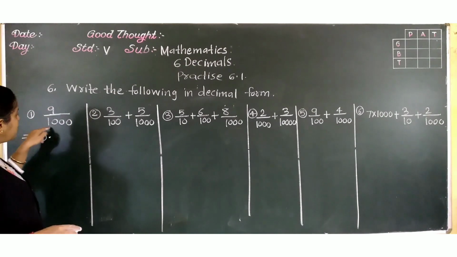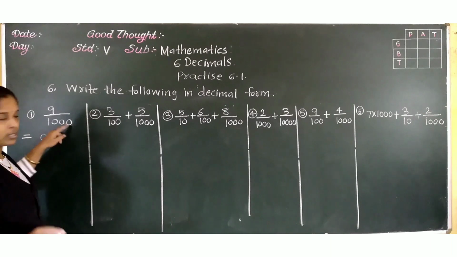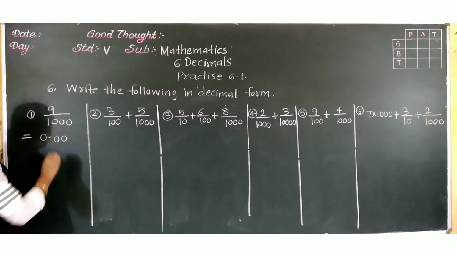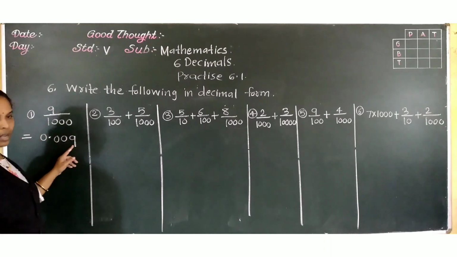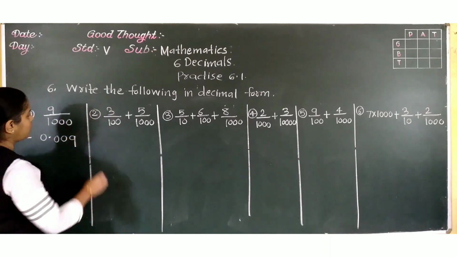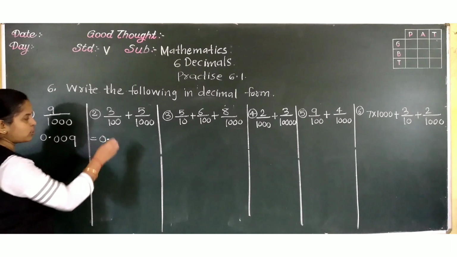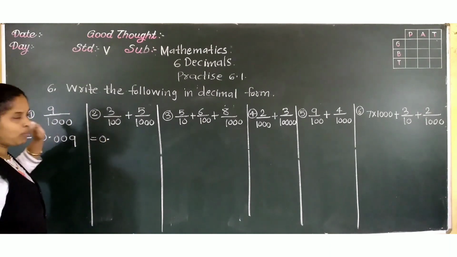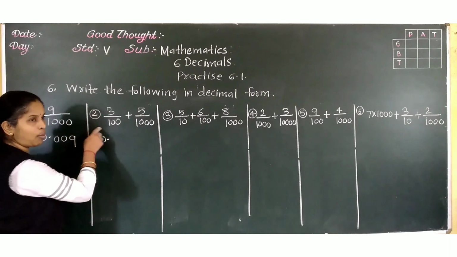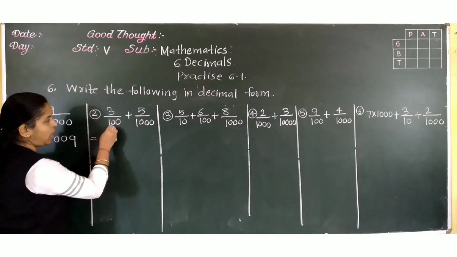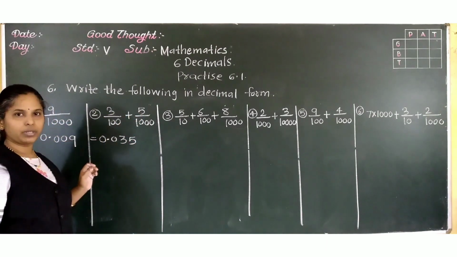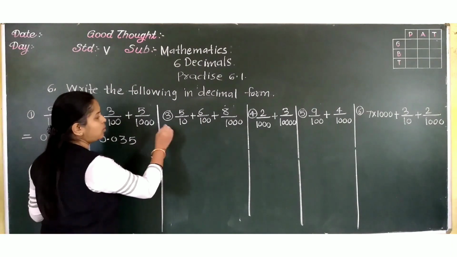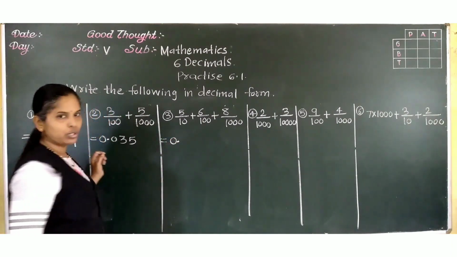Question number 6. The whole part is not there. Directly 9 is at which place? Thousandths. So tenths and hundredths places are 0, 0, and 9 is at the thousandths place. Here also the whole part is not there, so 0 point. The tenths place is not there, so 0. Hundredths place 3 is there and thousandths place 5 is there. Okay. Next, whole part nothing is there, so 0 point.